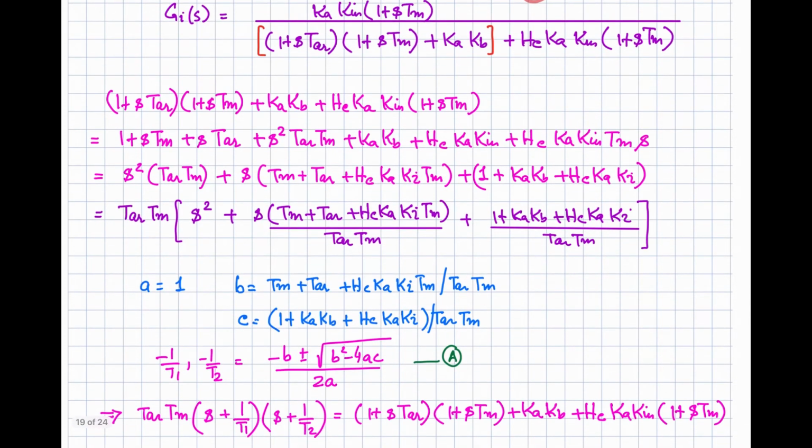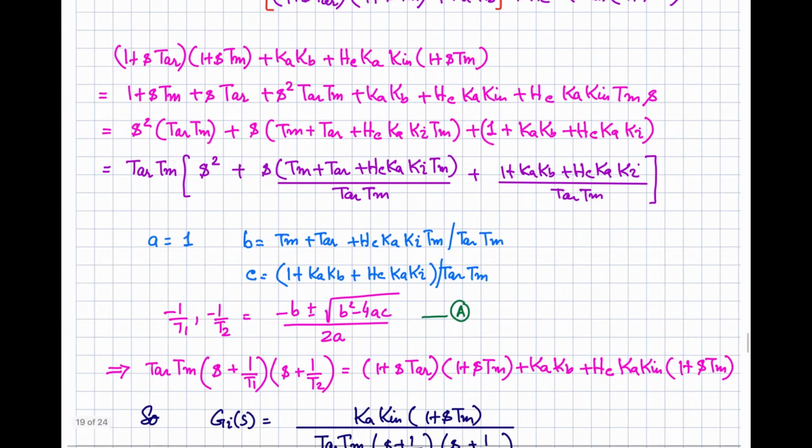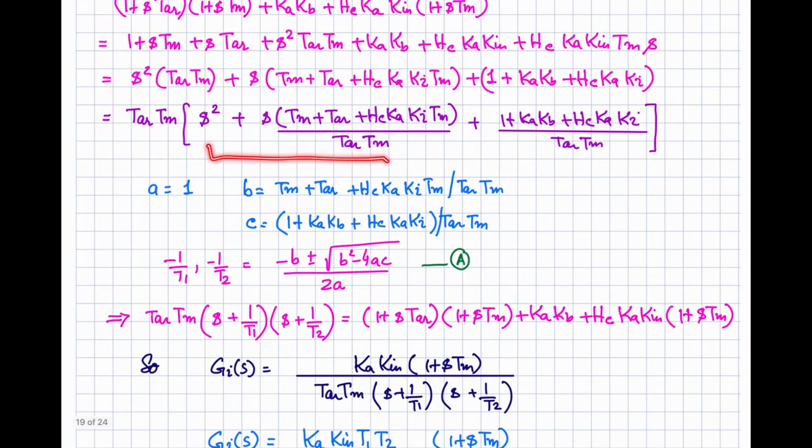Rearranging it, you can say over here the coefficient is 1, this is the b term, and this one is the c term. Using the quadratic formula for the solution of this one, you will have the two roots of this one. So let's suppose that those roots are minus 1 by T1 and minus 1 by T2.